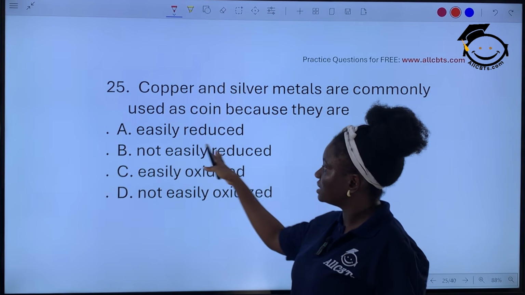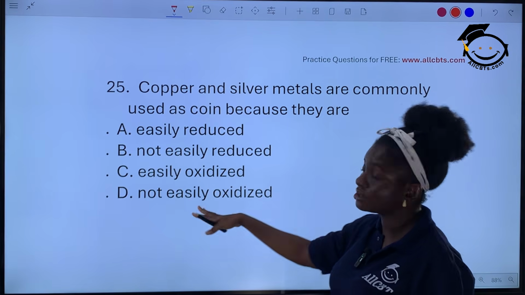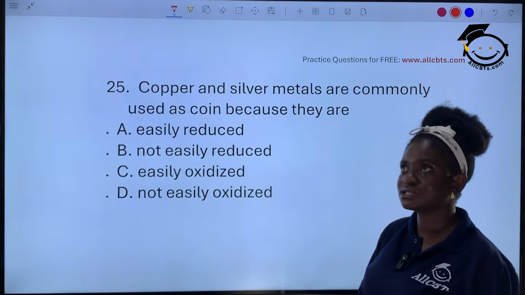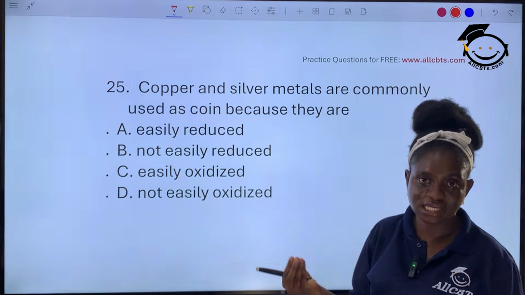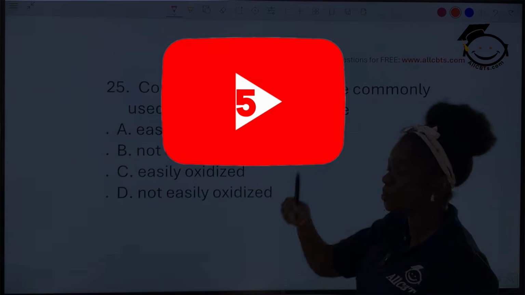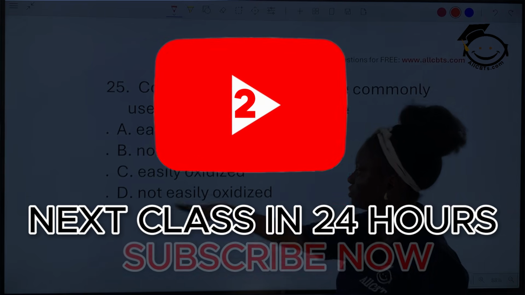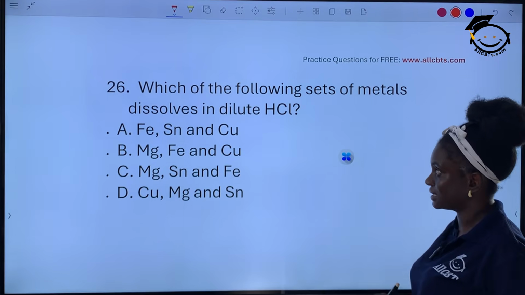One, easily reduced, not easily reduced, easily oxidized, not easily oxidized. It is not easily oxidized. It cannot get rust easily. That is why they use copper and silver for coins. So D, not easily oxidized, is the correct answer.